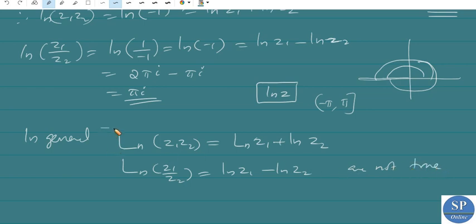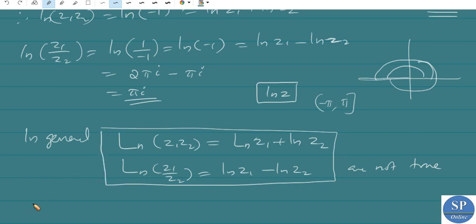Generally this is not true. That is, if we replace the logarithmic function ln by the principal value logarithmic function ln, then these properties may not hold. Generally it may not be correct in the case of the principal value.